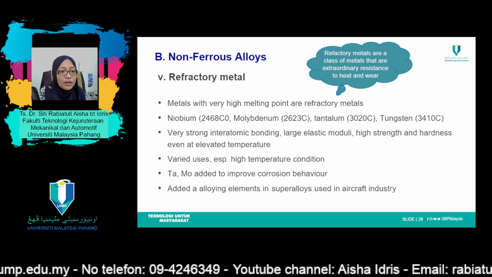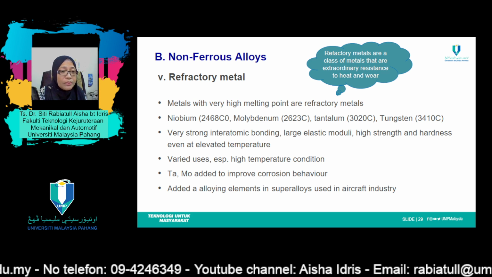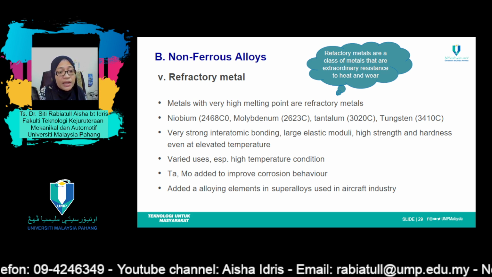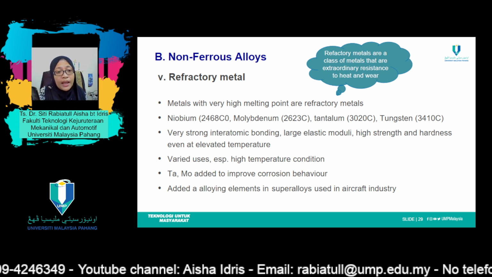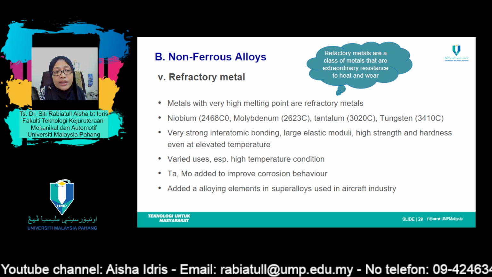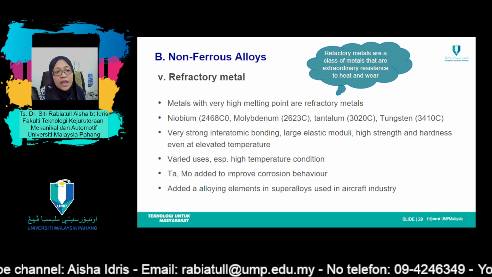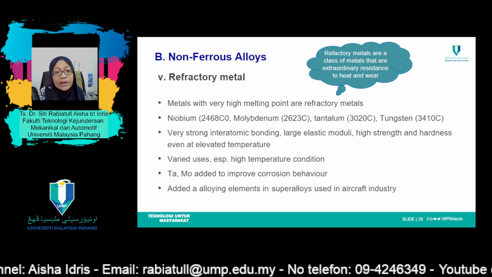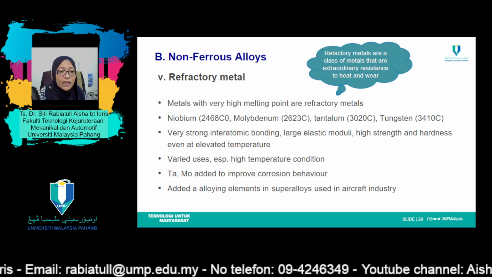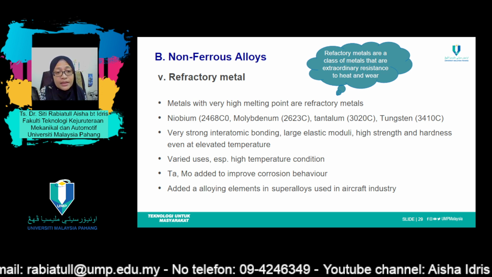Interatomic bonding in these metals is extremely strong, which accounts for the high melting temperatures, and in addition, large elastic moduli and high strength and hardness at ambient as well as elevated temperatures. The applications of these metals are varied. For example, tantalum and molybdenum are alloyed with stainless steel to improve its corrosion resistance.